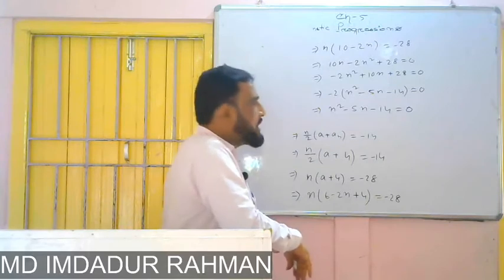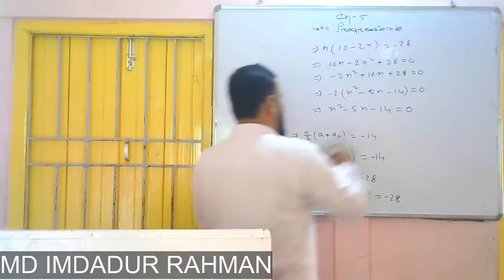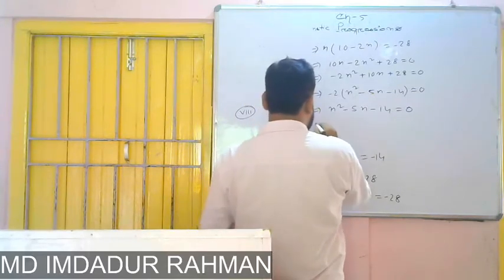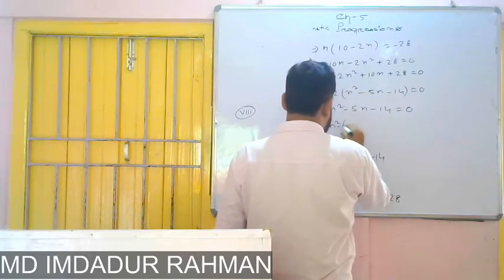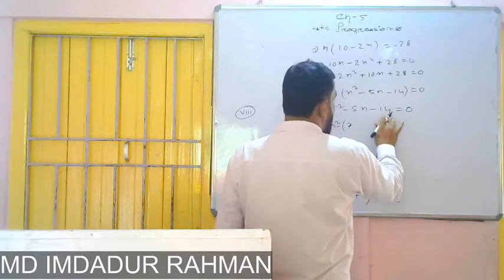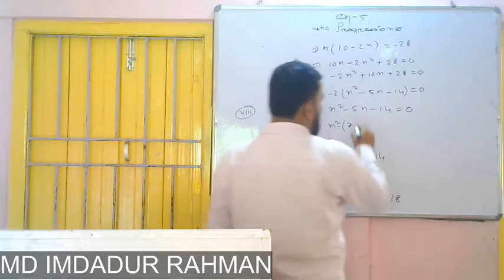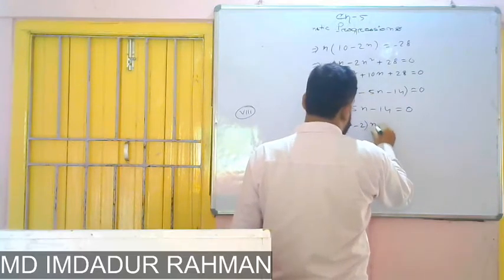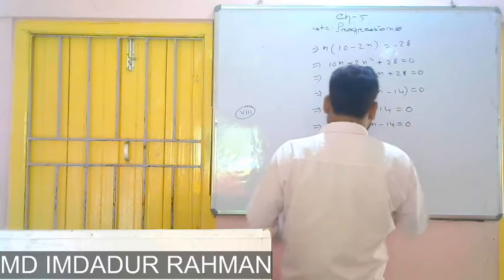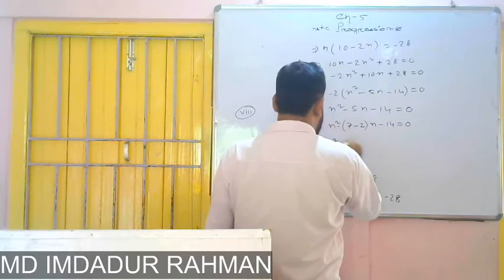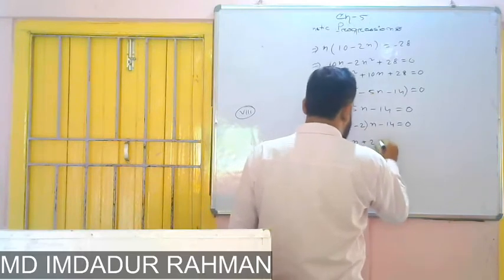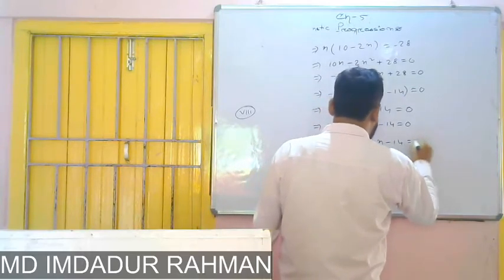Now using the middle term you find out the value of n. Seven into 2 is 14, 7 minus 2 is 5. Implies n square minus 7n plus twice n minus 14 is equal to 0.